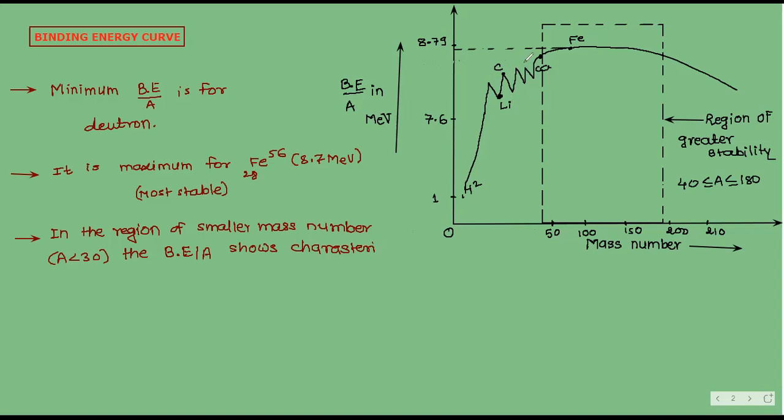You can see here up and down are there. Next one, nuclei with A greater than 170, means this region, are distinctly unstable.